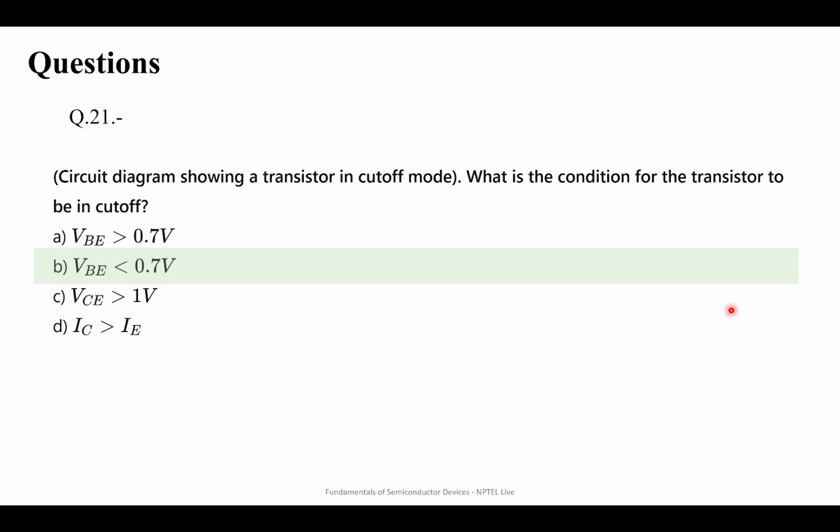So your answer to this is VB less than 0.7 volts. So you know typically in silicon PN diodes, your knee voltage is around 0.7 volts. So below 0.7 volts, you won't have any current conduction. So your device would be in the cutoff region. Only after 0.7 volts, you will have current conduction and the device will work.